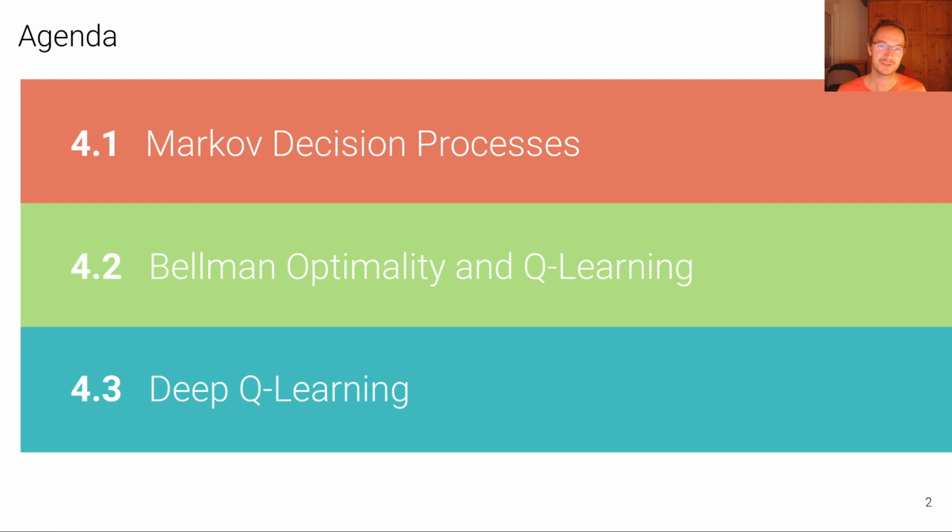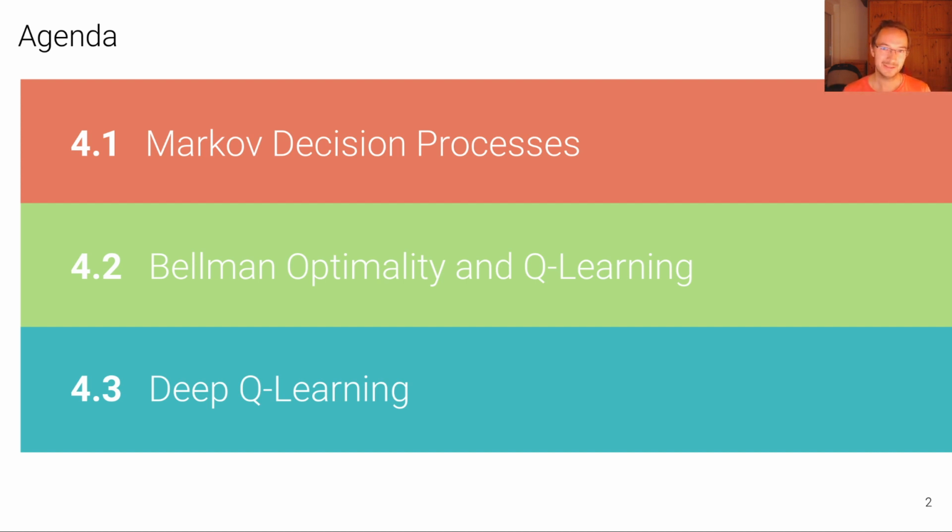This lecture is structured into 4 units. In the first unit, we're gonna define the reinforcement learning problem formally through the framework of Markov decision processes. In the second unit, we're going to have a look at the Bellman equation and how this leads to one of the most fundamental algorithms for reinforcement learning, which is called Q-learning.